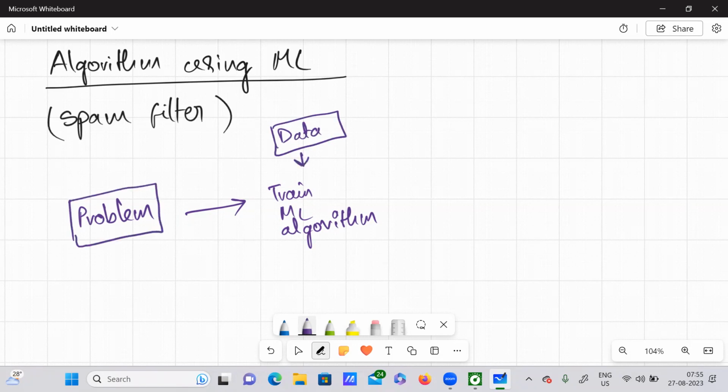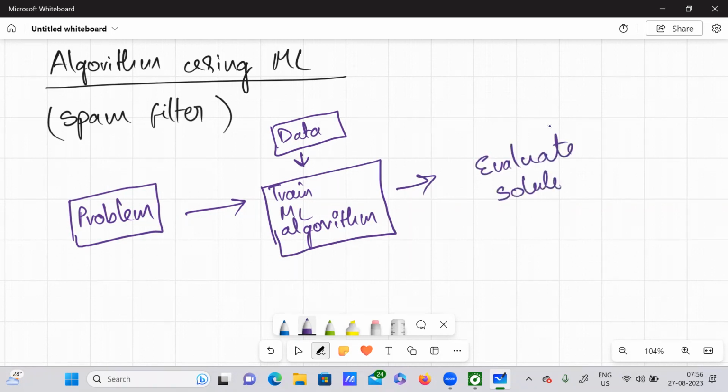Using the data, you're going to train your ML algorithm. And after training, you evaluate the solution. Whether your solution is right or not, we don't know, so for that we need to evaluate it.